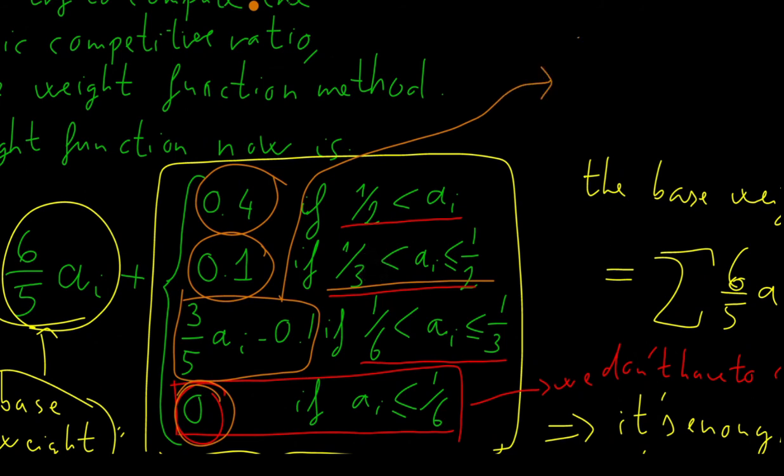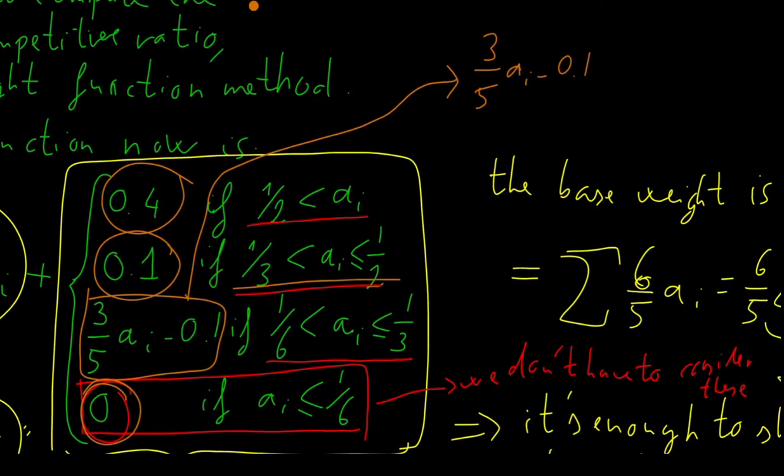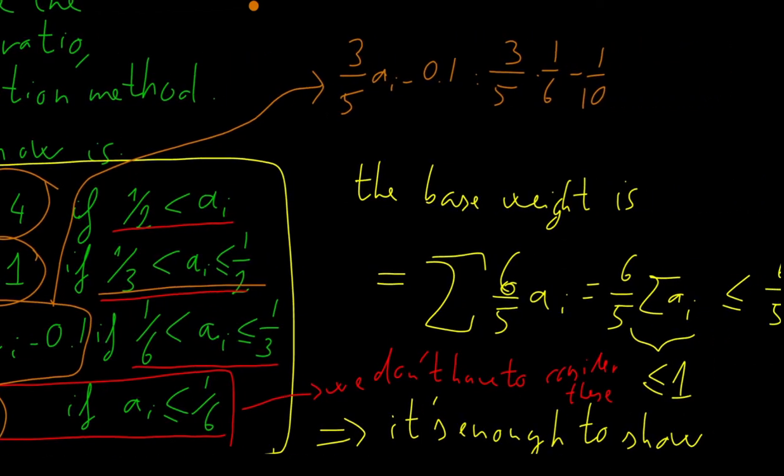So the penalty is then 3/5 A_i minus 0.1. It's an increasing function. If A_i is only 1/6, it's between 3/5 times 1/6 minus 1/10, which is 0.